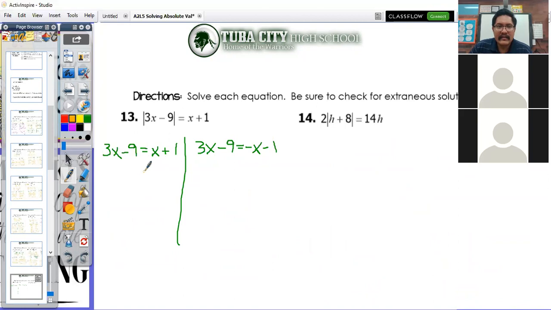Okay, so let's go ahead and get this here. I'm going to subtract x from both sides. And since I canceled this here, I'm going to cancel the 9 over here, so I'm going to add 9 to both sides.